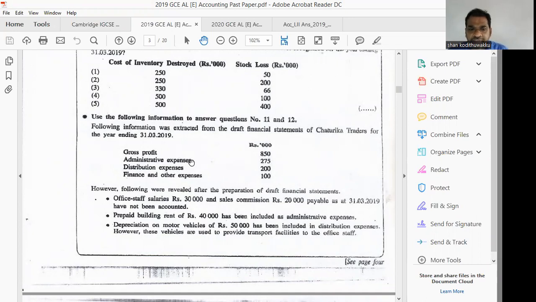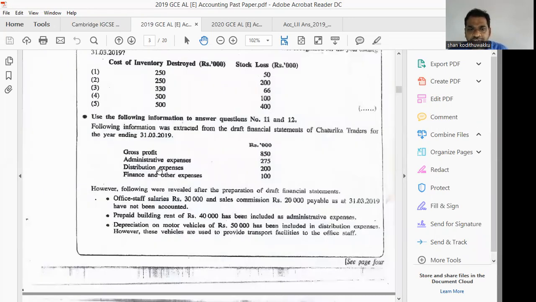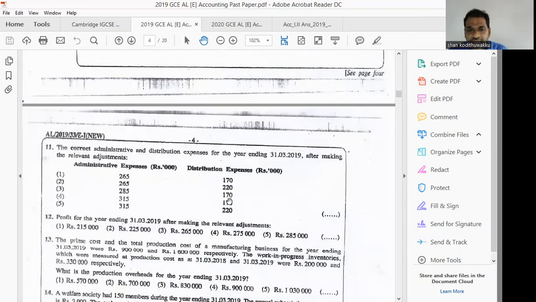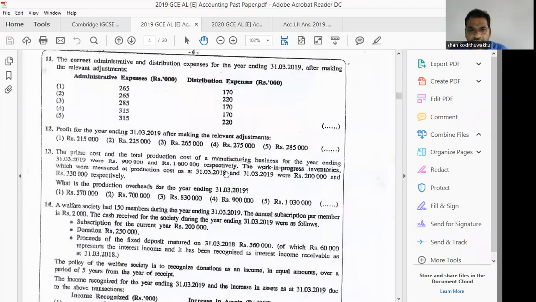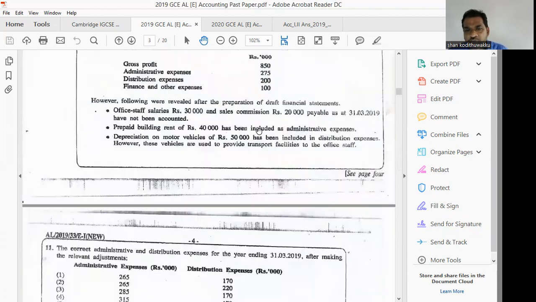We got administration expenses 315 and distribution expenses 170. Then we have finance and other expenses, unchanged at 100. When you deduct those three corrected expenses from the given gross profit 850, we can reach the profit.